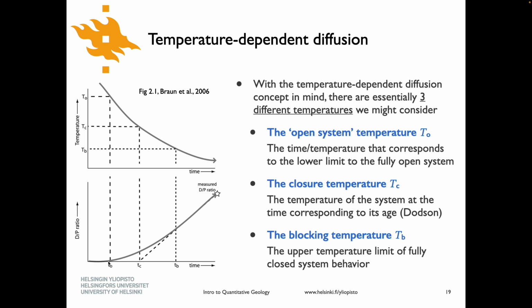It's basically 0 at high temperature, starts to increase as the temperature cools, and at this time here, for instance, Tc, that would be the time that corresponds to the closure temperature where you're starting to accumulate the daughter isotope. And then that daughter to parent should increase with time once you're at cold temperatures because you're now in the kind of cold and closed system behavior.